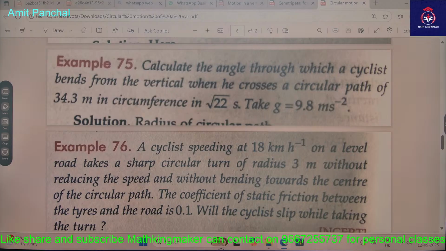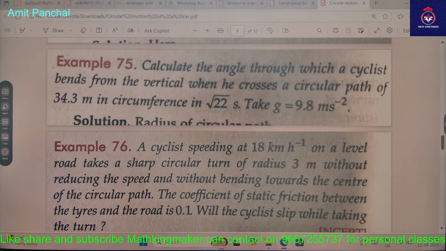Without a diagram it will be very difficult, because you can't see what's happening. You need to find the direction of force. In certain questions a diagram is not necessary, like the 75th, which is a direct formula-based question.